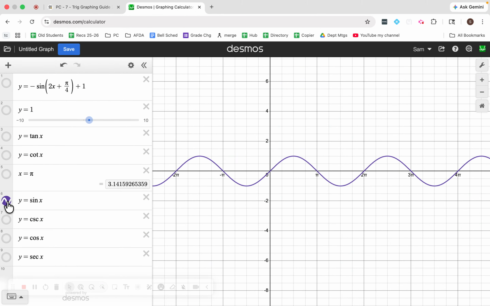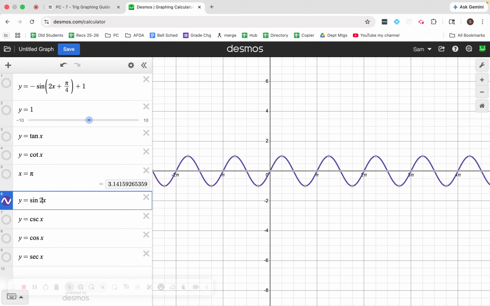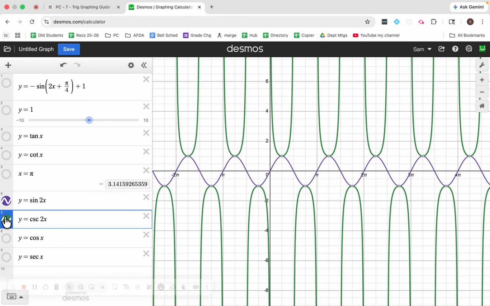Okay, so there's sine, which is what we calculate. This may have some transformations, although we're not going to make you do much in the way of transformations to this. But maybe we change the frequency, in which case cosecant will still have the same relationship. These U shapes touch the bottoms and the tops of sine.